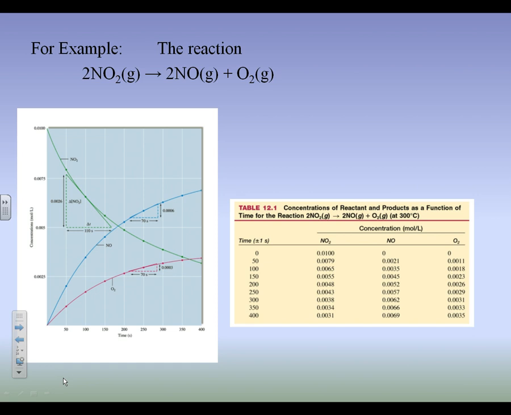Okay, so let's take a look at this example in terms of what does a reaction rate look like. So we're going to kind of use this example. Reaction rates are going to be totally based off of experiments, so we're going to need some data. And then we can plot these lovely little graphs to kind of get a sense of how are things changing.